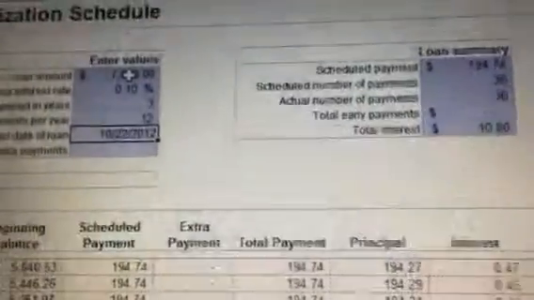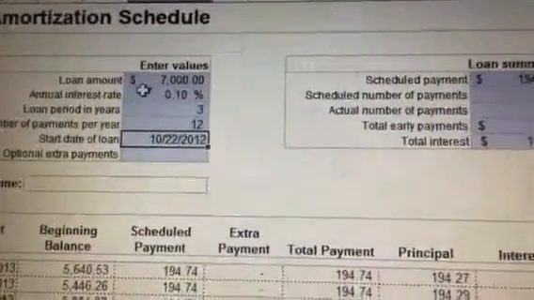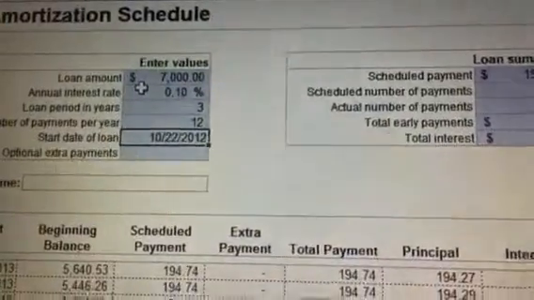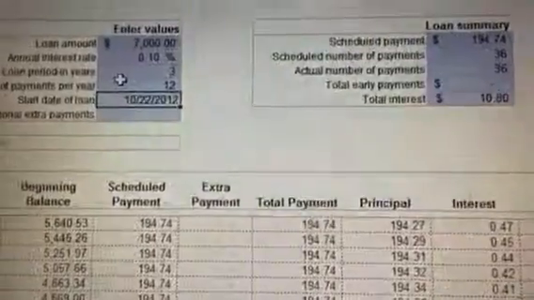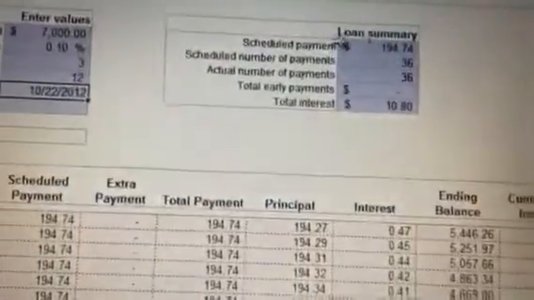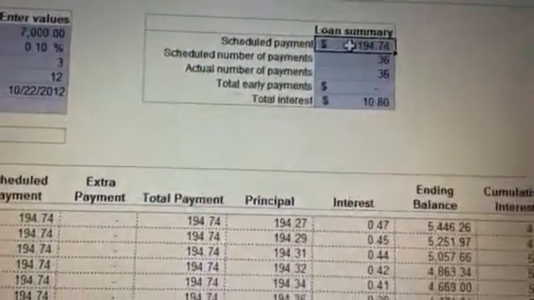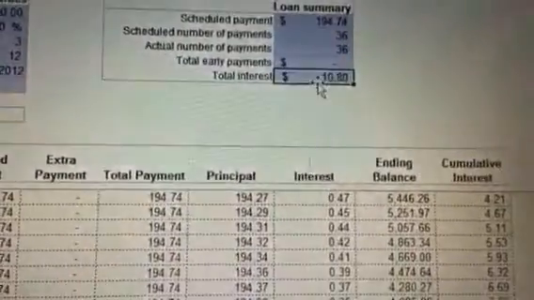So right now, because it's 3 years, it's $7,000 at 10% interest over 3 years, paying every month. My monthly payment is going to be $194.76, and at the end of the 3 years, I'll pay $10.80 in interest.